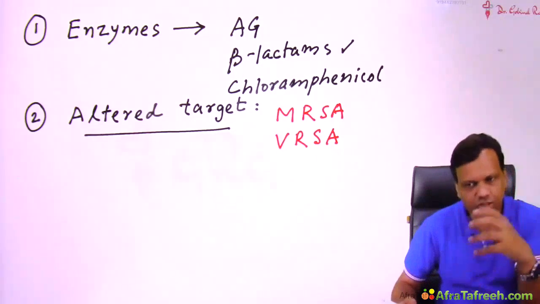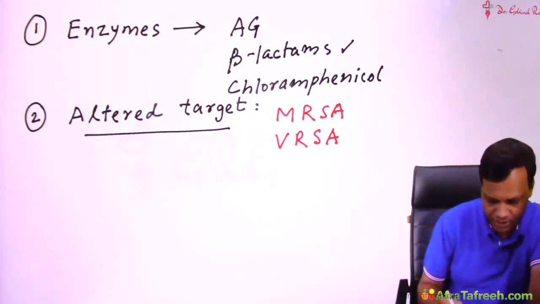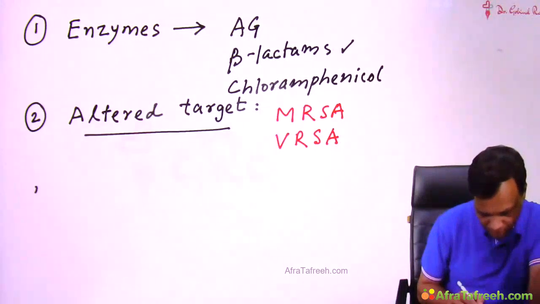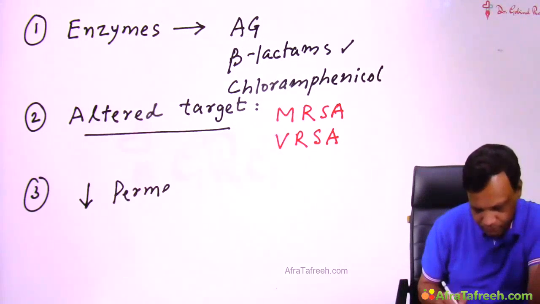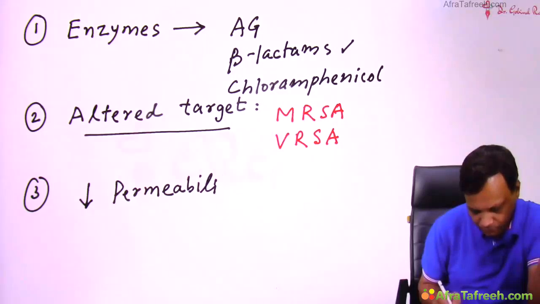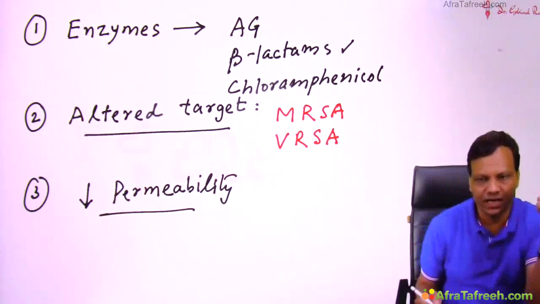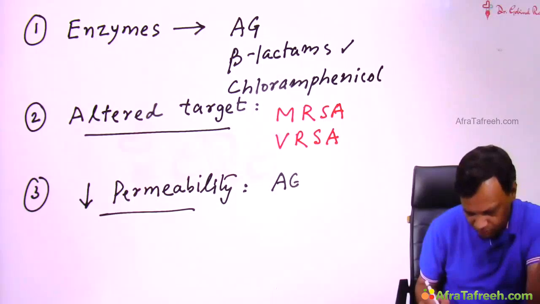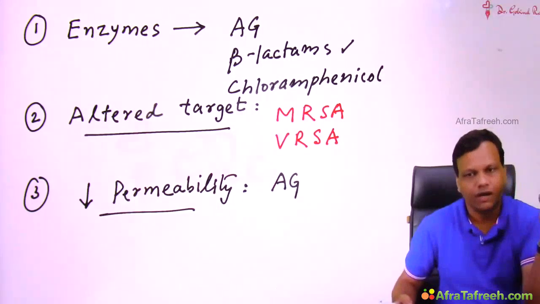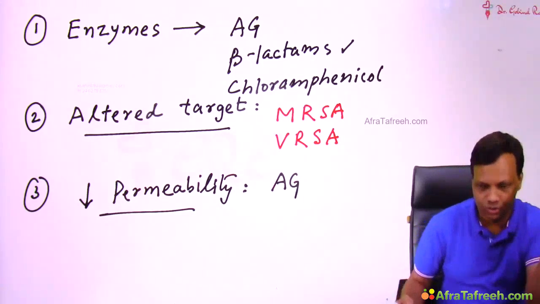Similarly, in VRSA also the target is altered. Another method is a decrease in permeability. If the drug is not able to enter inside the bacteria, it will not be effective. This is the major mode in case of aminoglycosides. So enzymatic method is also there, permeability is also there.